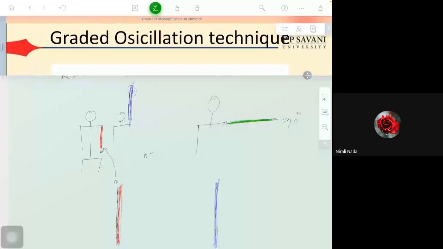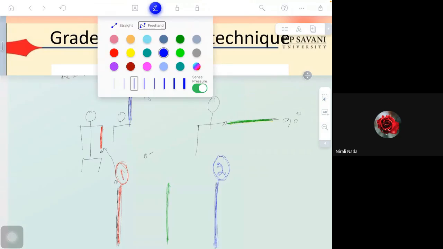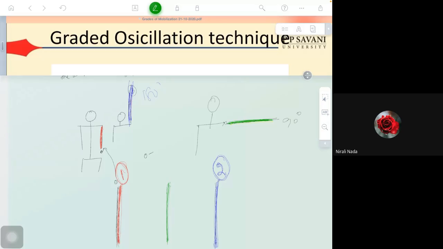So this represents the tissue resistance. So what is one? One is the beginning of range of motion and two is the anatomical limit. You know 180 degree is the anatomical limit, full range of motion. And what is the third line? The third line is tissue resistance.